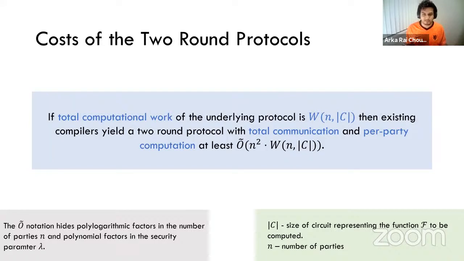Specifically, if we start off with some protocol which has total computational work W, which is a function of the number of parties N and the size of the circuit computing this function that you care about, then these 2 round protocols have a total communication or per party computation of at least O tilde N square times W, where O tilde hides polylog factors in the number of parties and security parameter.